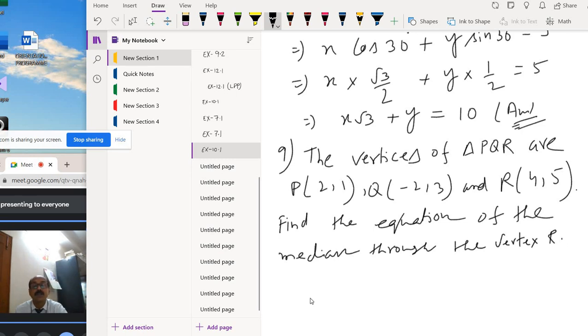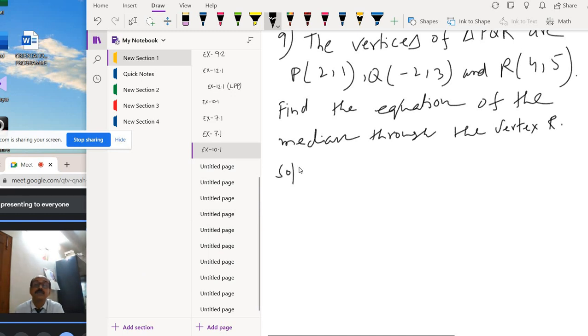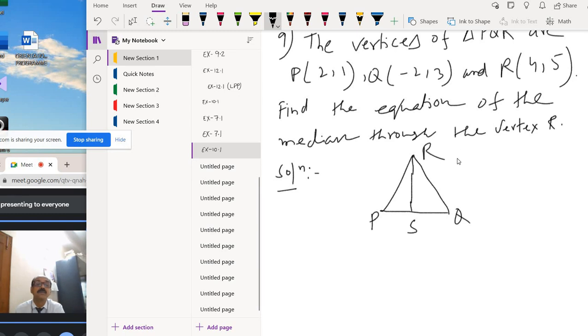So draw triangle PQR. Now from R, draw one median, and let this point be S. R is (4, 5), P is (2, 1), Q is (minus 2, 3).